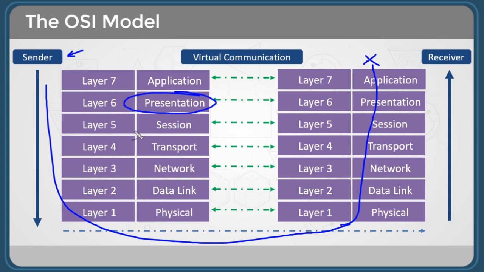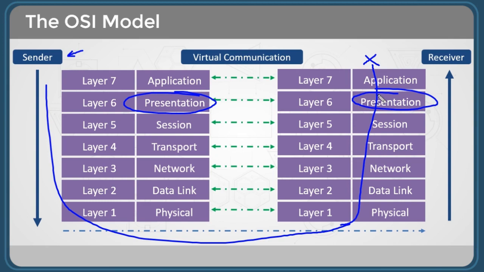We'll talk about this later, but if I was sending you an email and I wanted it to be safe, I might digitally sign that email and encrypt it. It's the presentation layer responsible for applying the encryption, and it sends it down the stack. You receive it, and it's the presentation layer on your side that's responsible for decrypting it and presenting you with the data that I sent originally, in a readable format so you can understand it.